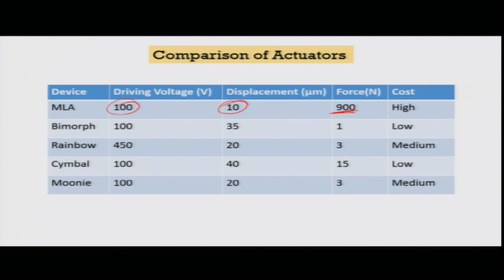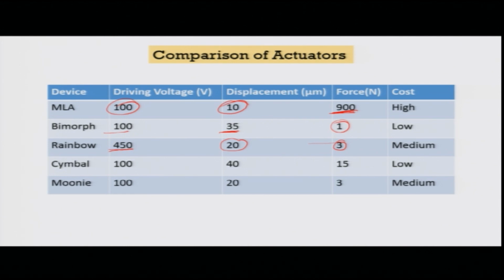So, less displacement, but more force. If instead of the multi-layer actuator you consider the bimorph counterpart, with the same driving voltage, you may get more displacement, but force is very low. Rainbow: driving voltage a little high, deflection increases, force is low.